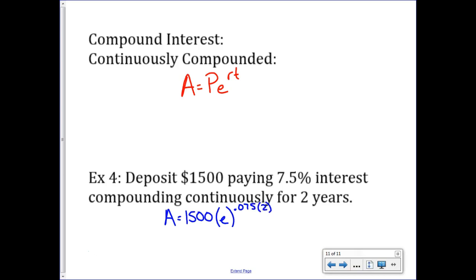Notice we're not doing 1 plus that interest rate. That e value is taking care of that for us. So since we're talking money, we're going to round to hundredths. So $1,742.75 is what we would have made after 2 years if we use continuous compounding there.